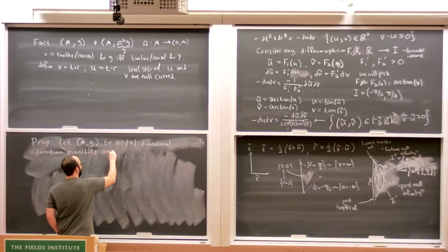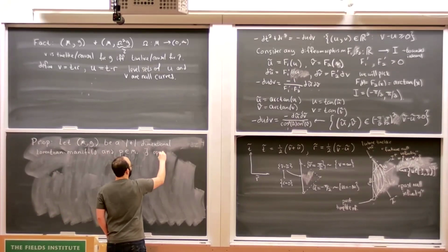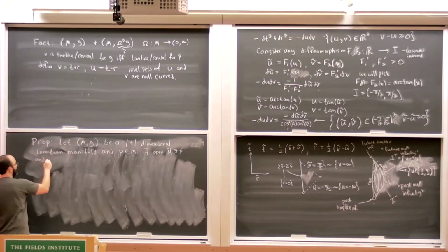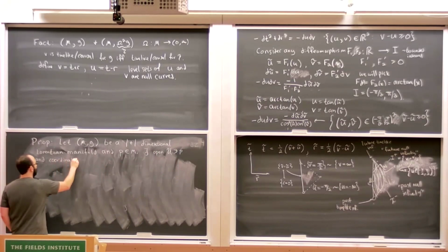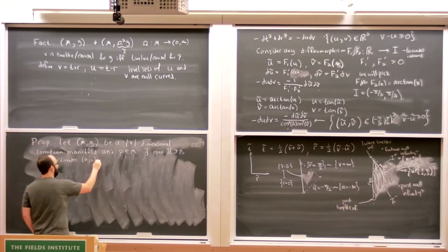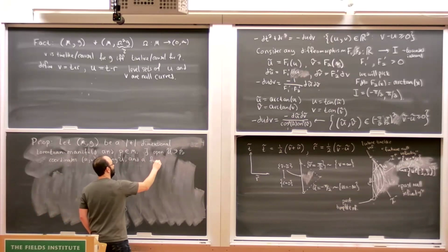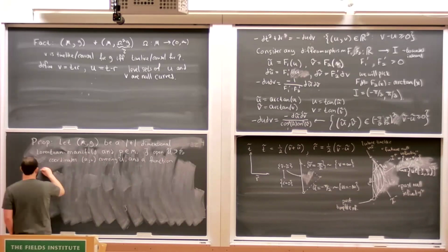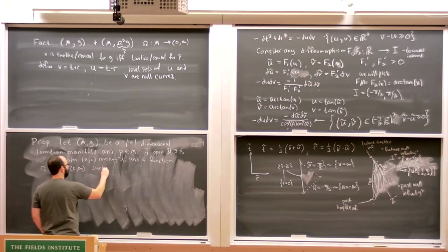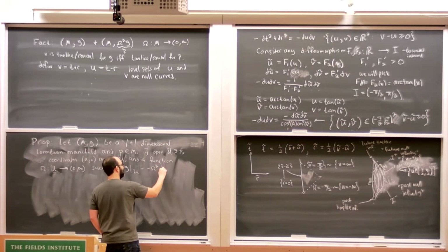Pick some point p in M, then there exists an open U containing p, and there exist coordinates (u, v) covering U and a function omega from this set to the positive reals such that g restricted to U equals minus omega squared du dv.